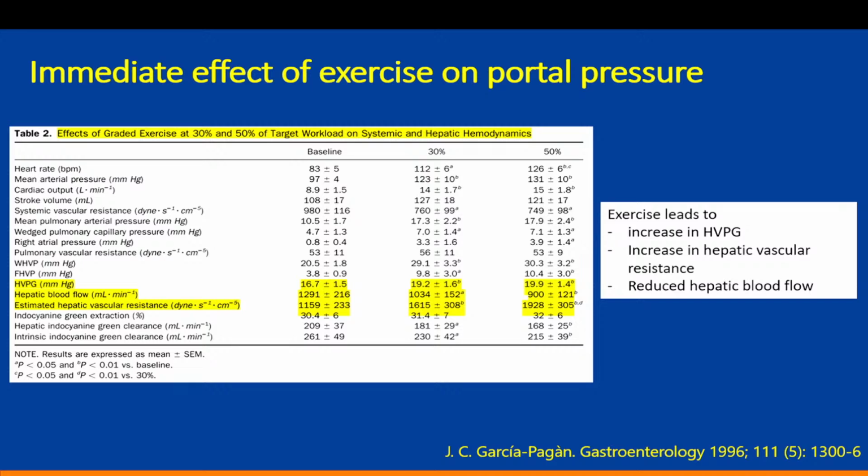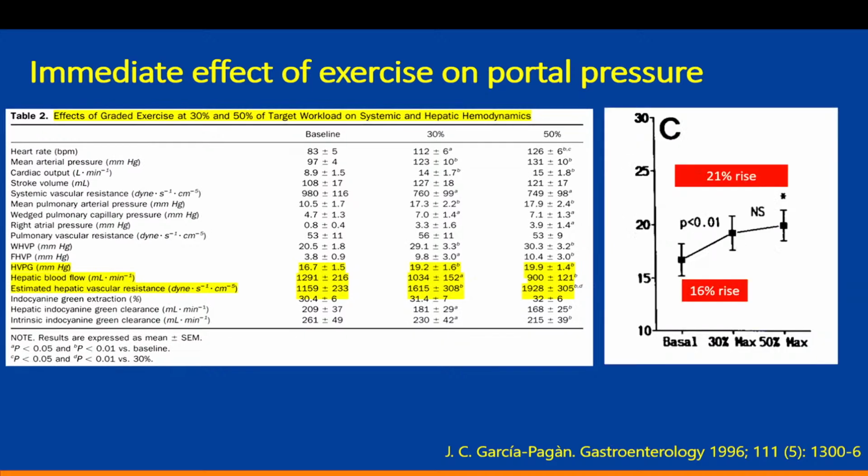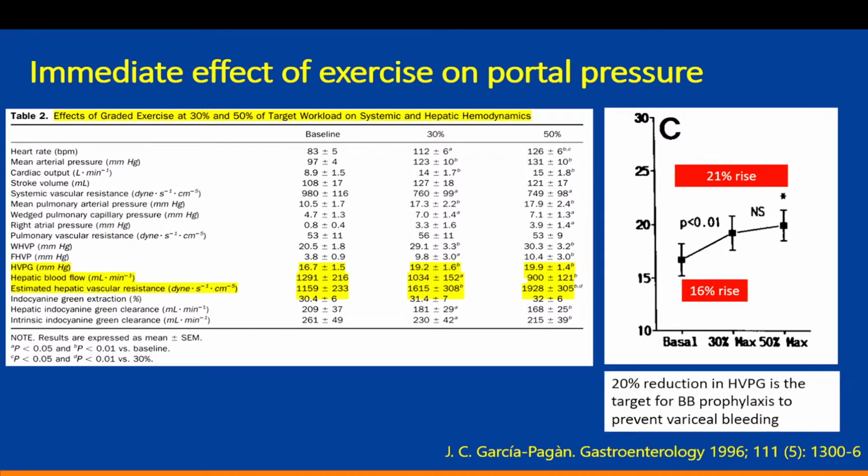We don't know as of now, because this is a temporary phenomenon. The important point I want to highlight is that the rise in HVPG is up to 21%, which is very significant. We must remember that a 20% reduction in HVPG is our target with beta blocker. So whether with exercise we are ameliorating all the benefits of beta blocker. So this rise is very significant.